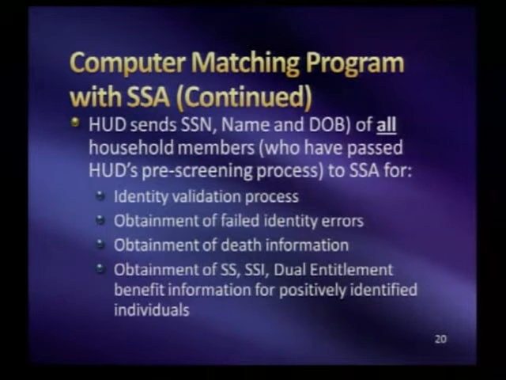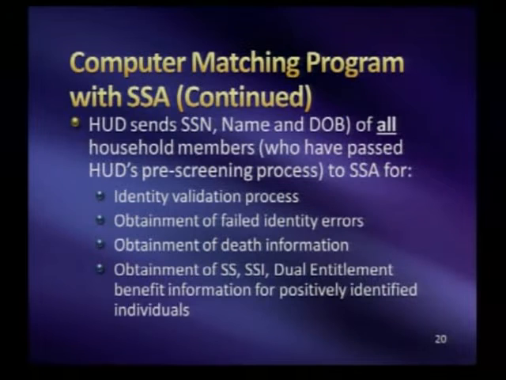We obtain failed identification errors, and again, these are going to be outlined. I'll show them to you in the report. We obtain death information from SSA, and then for anybody who's been validated, we then say, okay, if these Social Security numbers are good, SSA, give us all the income information you have in your databases about these individuals, along with any death information.